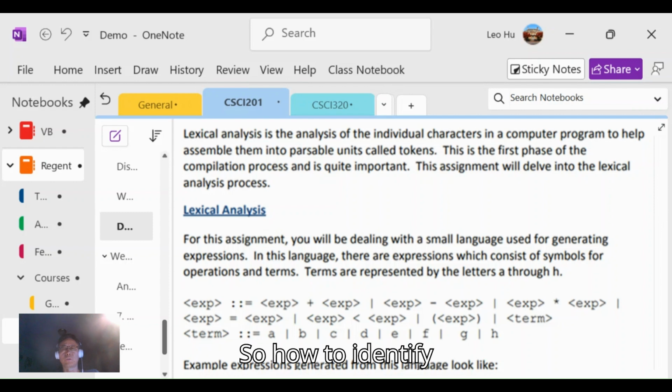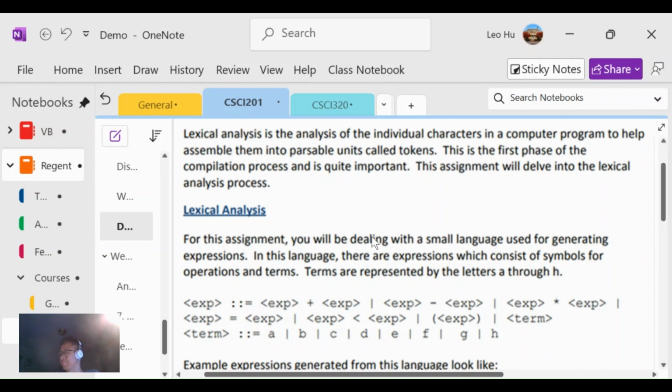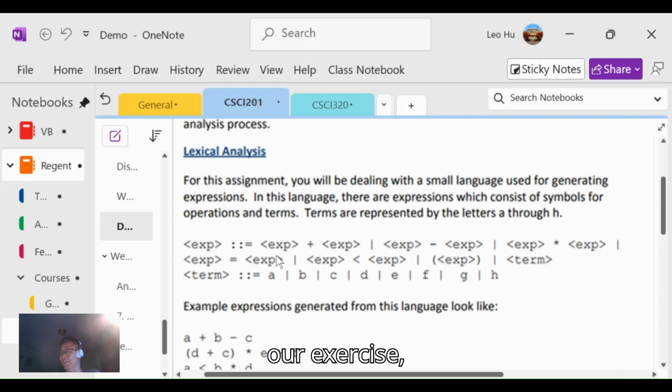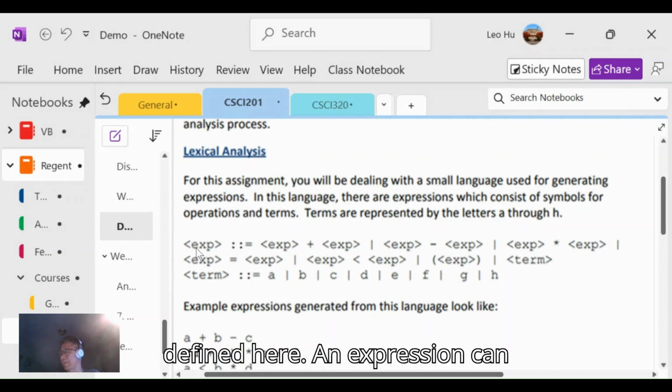So how to identify the tokens from a given expression of a language? For example, in our exercise, suppose the given language has a syntax defined here.